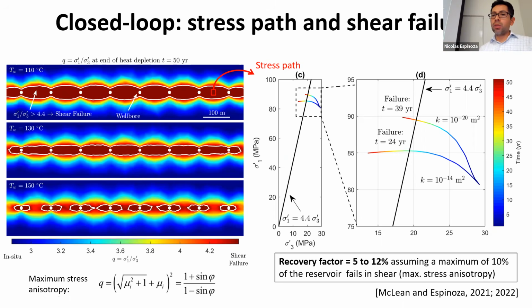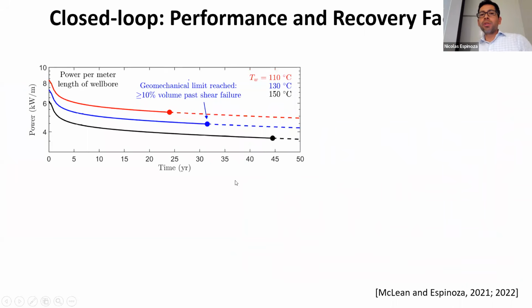And very importantly too, if you were to consider induced seismicity or microseismicity as a limit for how much heat you can produce from these formations, you will have, for example, to stop your production at a given time. So the lower the temperature of the working fluid, in this case 110 degrees C, injecting in 200 C rock, the higher the power is going to be.